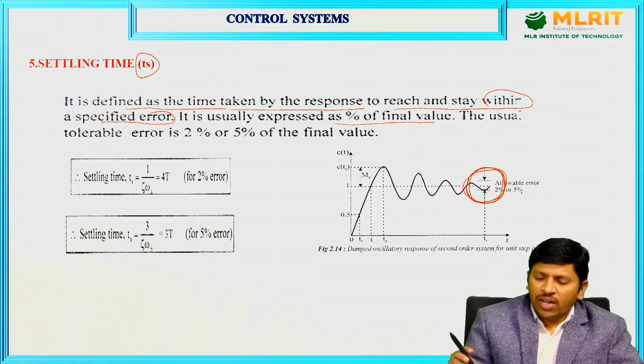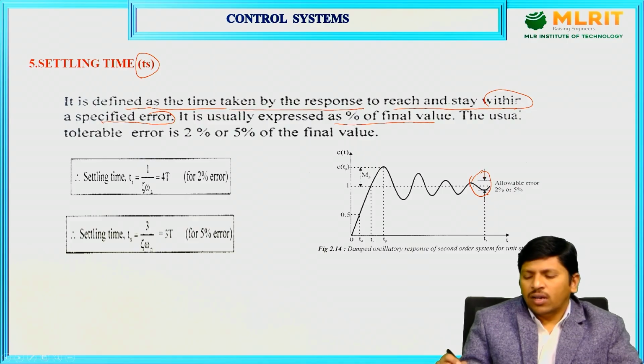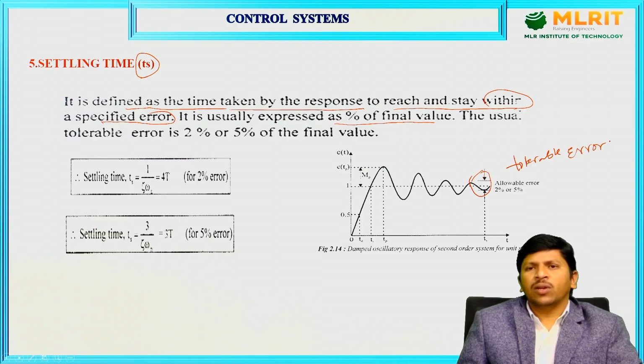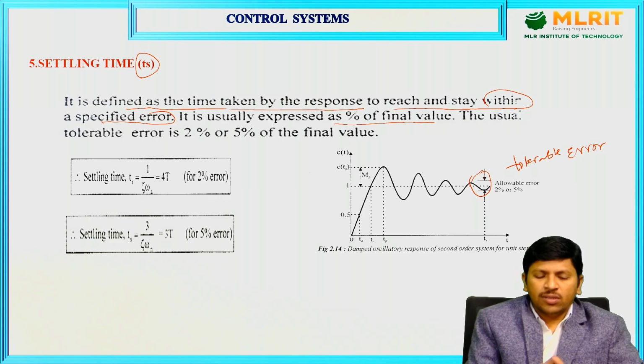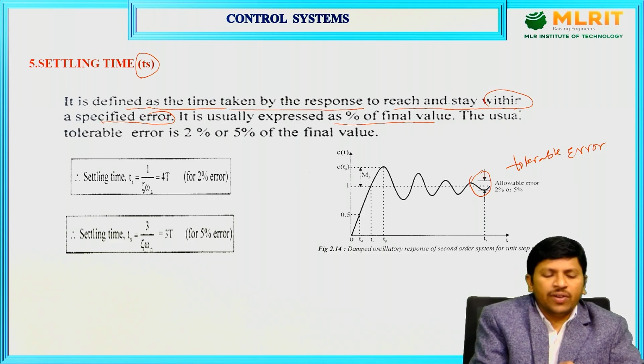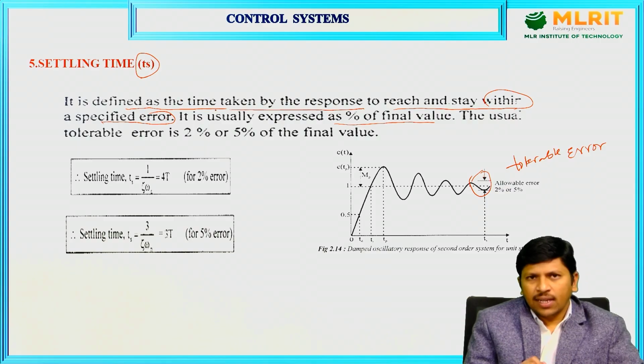Here there is an allowable error, or tolerable error. So the time taken for the response of the system to reach and stay within a specified error is known as the settling time.